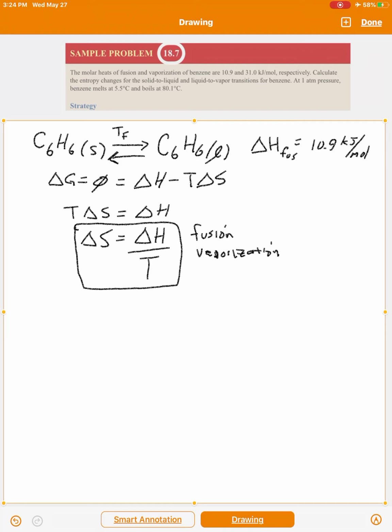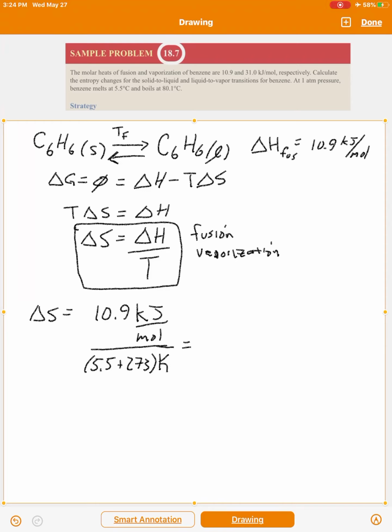Okay? So let's try it for fusion first. That would be 10.9 kilojoules per mole divided by the freezing point, the temperature at which it melts or freezes, which is 5.5 degrees C. But we need to have that in Kelvin, so we're going to add 273, and that'll be in the units of Kelvin.